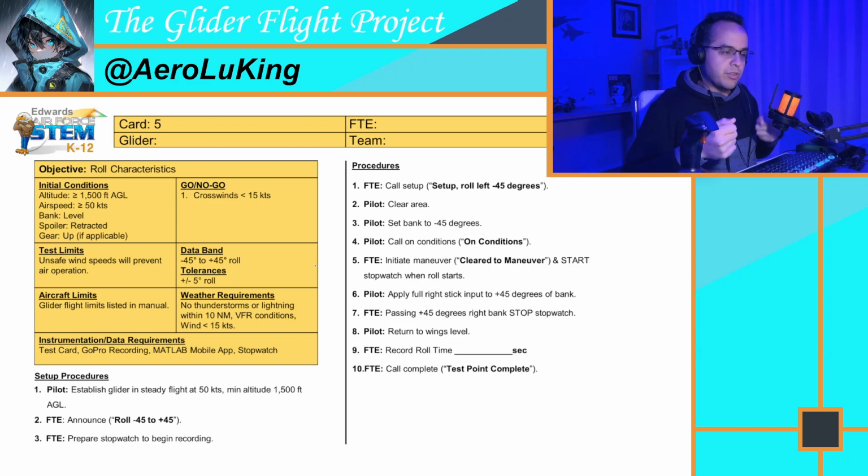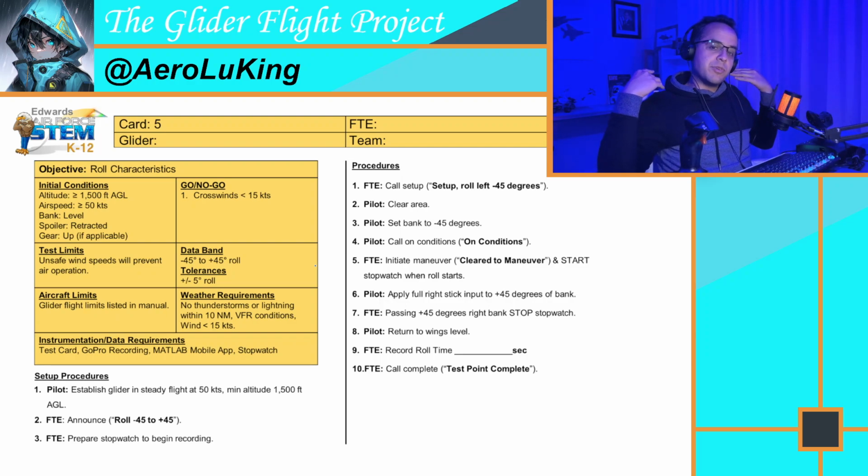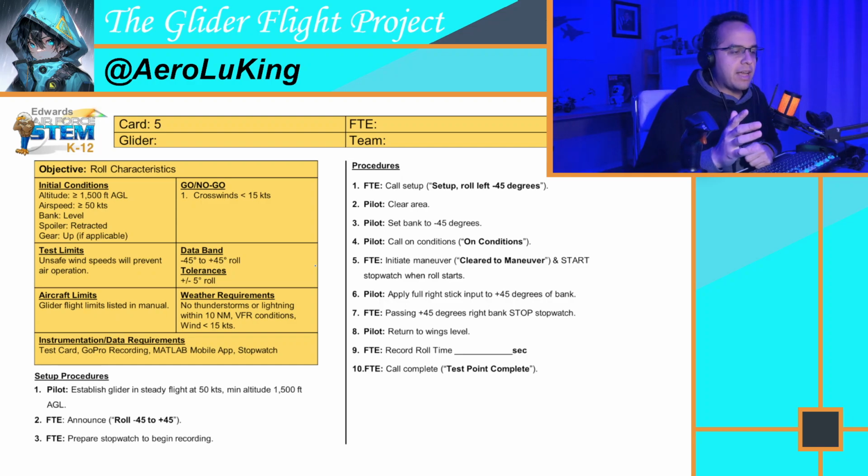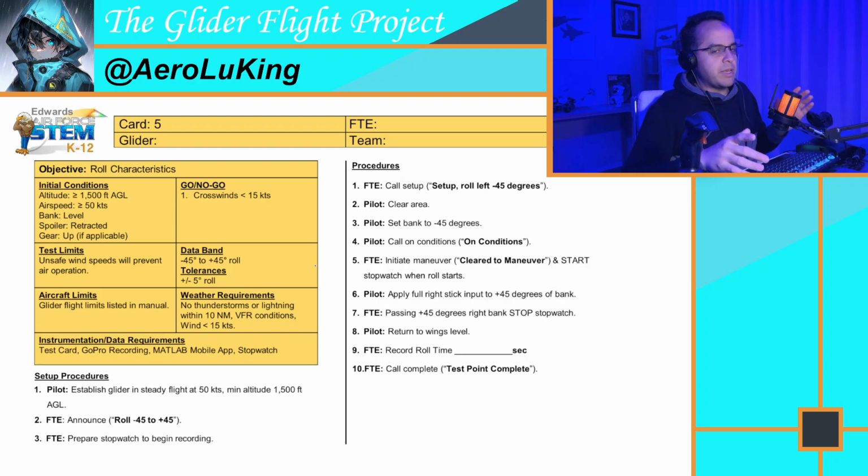And practice with your deck, and also practice shaking yourself or having someone shake your seat or wherever you're standing, because you'll be in the glider moving around. So you need to be able to read and write this information as you're not sitting comfortably at your desk watching this video, because in the glider it will be going through some dynamic motions, and you'll have to be able to write all this information as you're moving around.